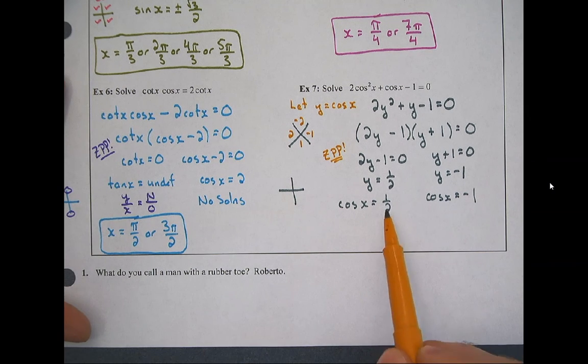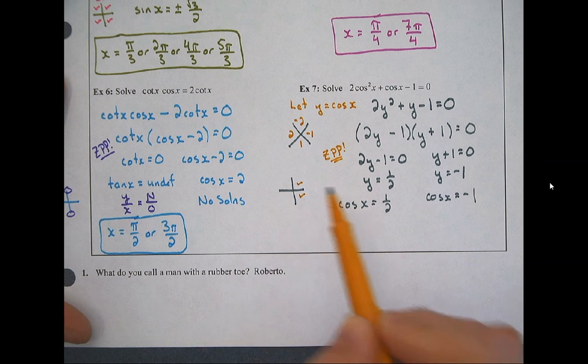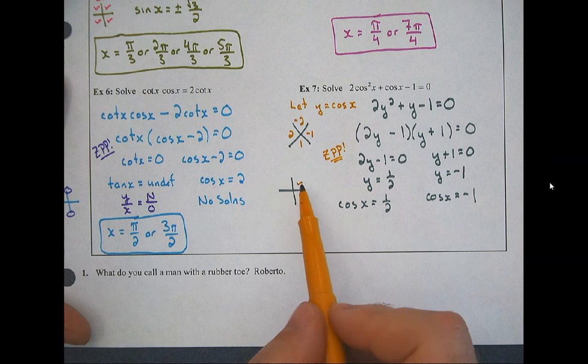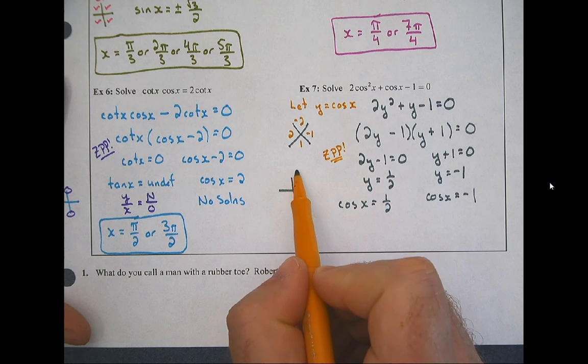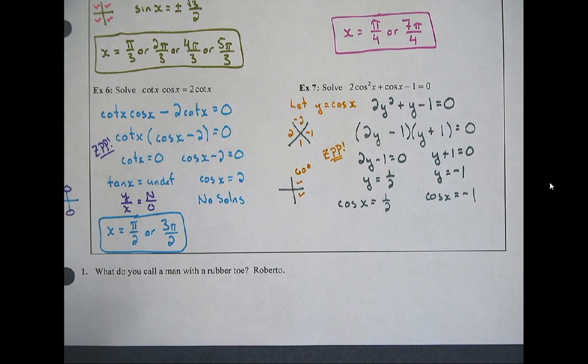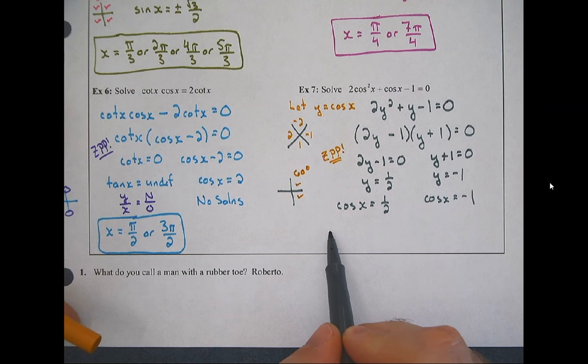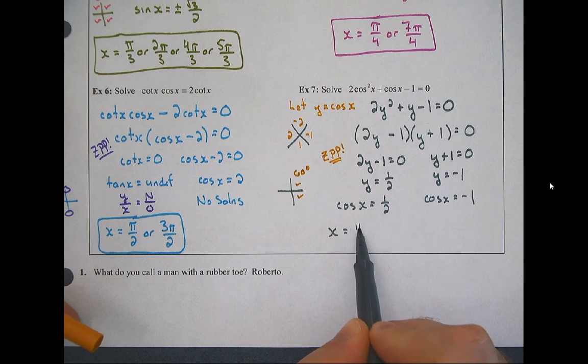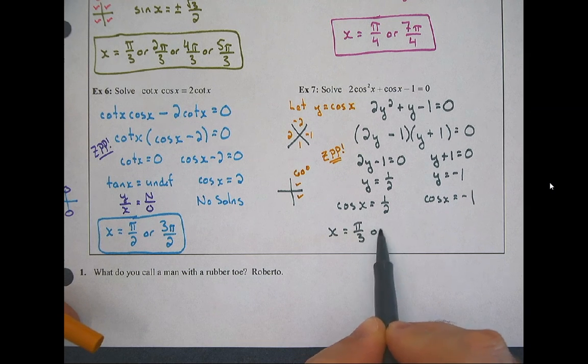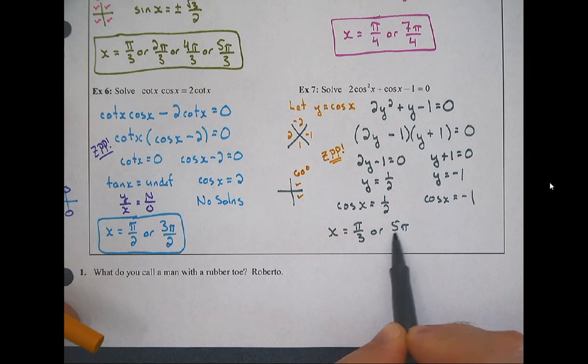So where's cosine positive? Check, check. That would occur when we have a cosine would have to be a 60. So this has a solution of x equals pi over 3 or 5 pi over 3.